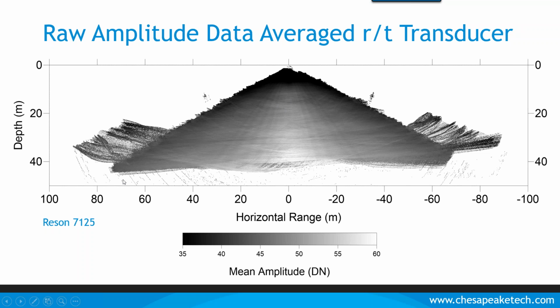In this case, this is a Reson 7125, and what we can see here is that the nadir region is actually brighter than the outer sections on average. And if you look closely, you can see individual beams coming out from the nadir, where the average amplitude is changing in value as you sweep into and out of the different beams. So we got all of this just from building this statistical table.